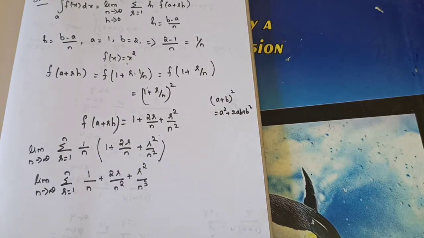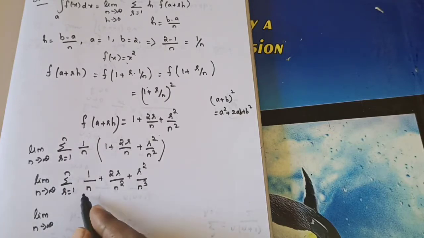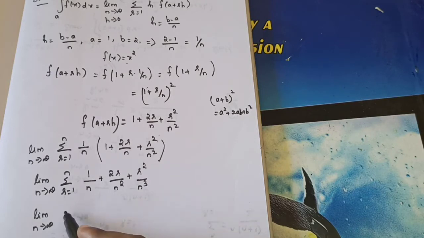I multiplied that 1 by n inside. That is equal to limit n tends to infinity, summation r equal to 1 to n. Before that, constants, everything we will take outside.